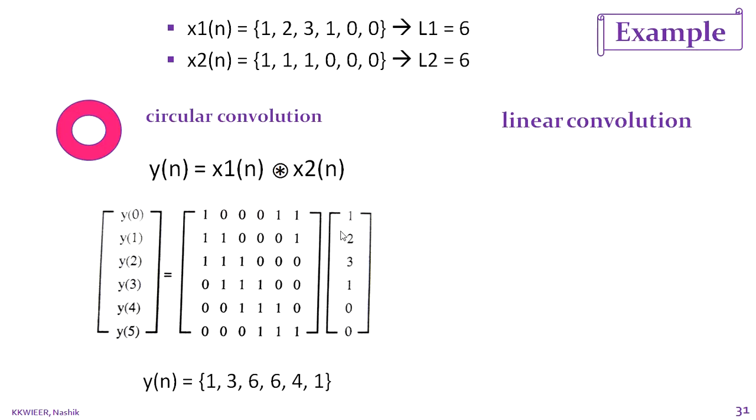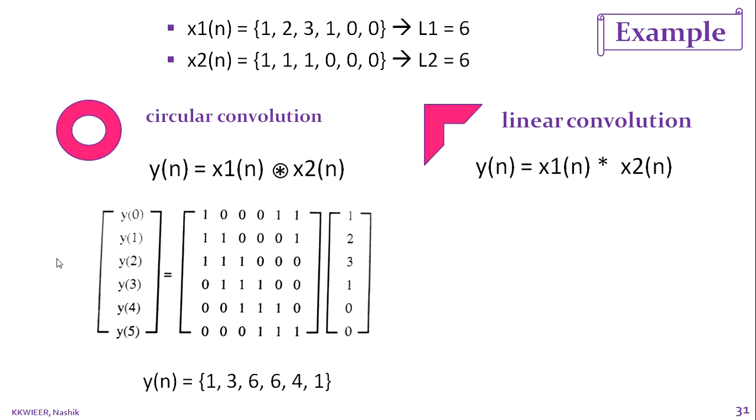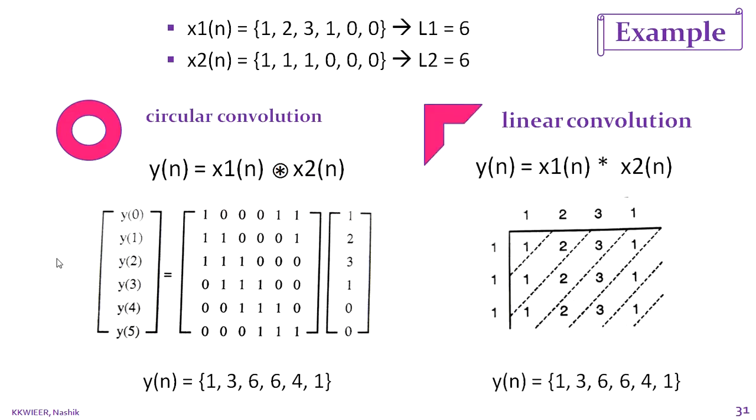You can take any matrix and then multiply, you will get this final answer. If you try the same method by using linear convolution, you will get the same answer. So this is how you can get the answer of y of n for circular as well as linear convolution.